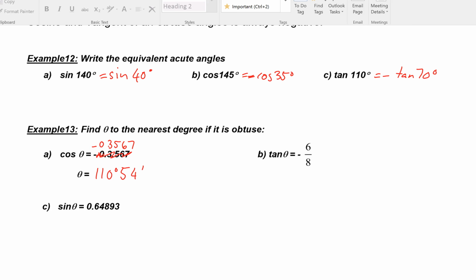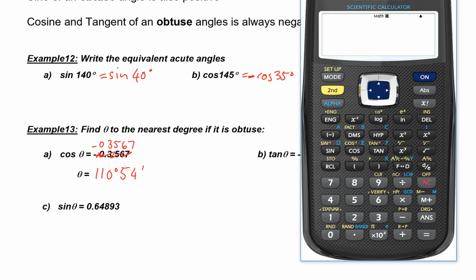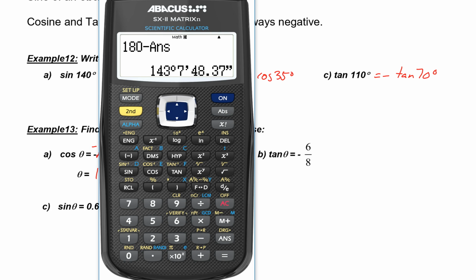Now let's do the same thing here. Do the positive of that. So I'm going to find the inverse tan of 6 over 8, and I'm going to take that away from 180. So 180 minus my last answer equals 143 degrees 8 minutes.